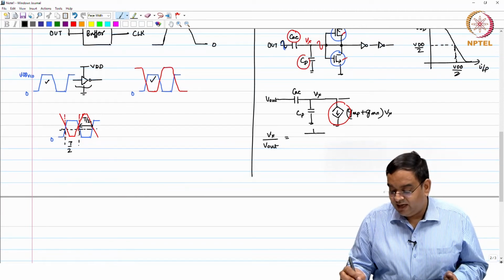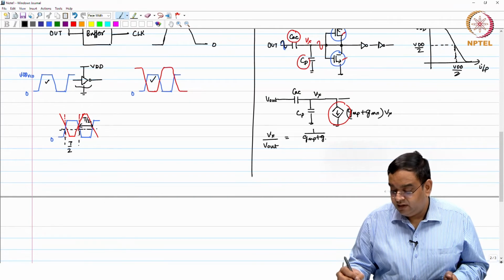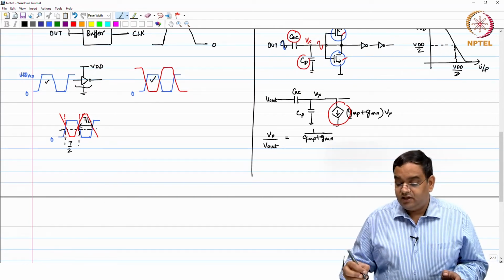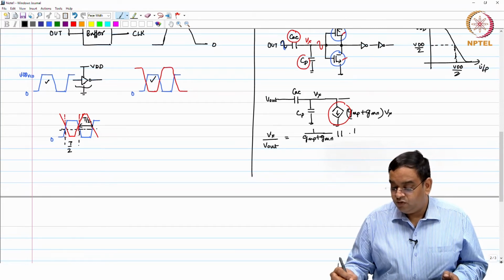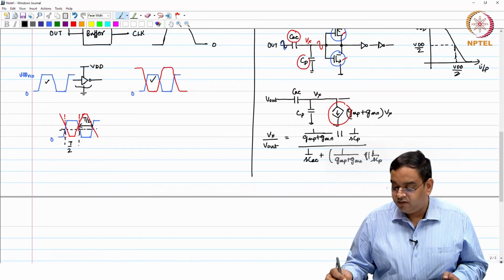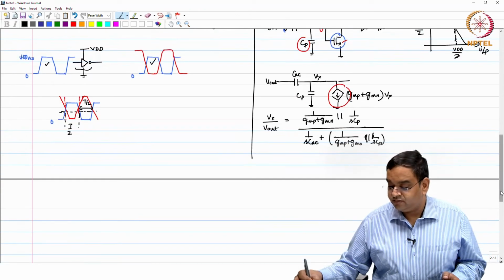So, what we have is 1 over GMP plus GMN in parallel with 1 over SCP, whole divided by 1 over SCAC plus 1 over GMP plus GMN in parallel with 1 over SCP. That is the transfer function.